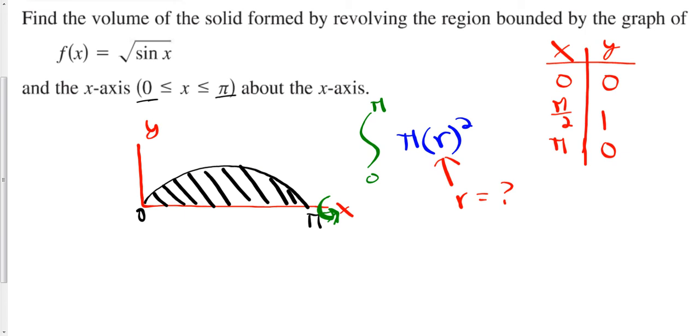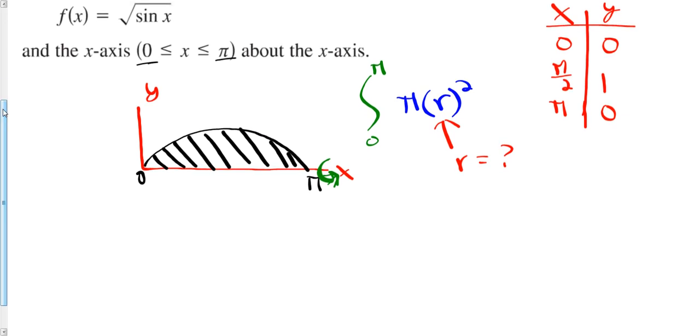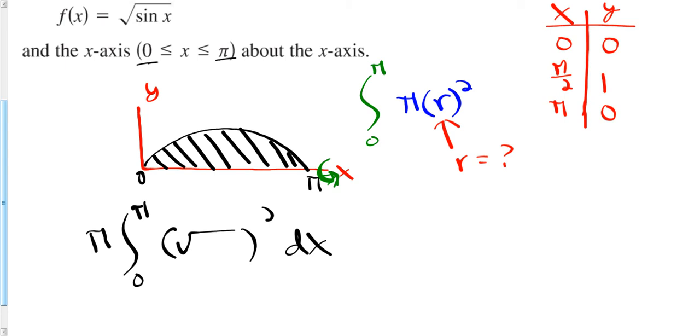So really, all I need to do is rewrite this formula with y there. So I want to integrate from 0 to pi of pi r squared dx, and that is going to be the square root of sine of x. That's the radius. Now, these circles have a certain thickness of dx.